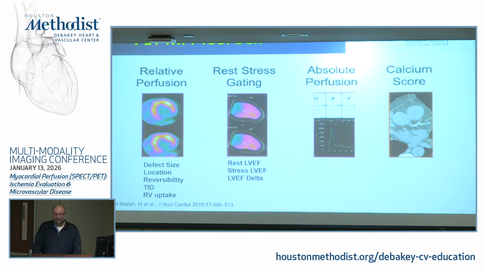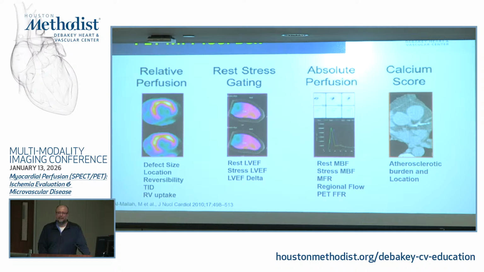You have also the rest EF, stress EF, and the delta ejection fraction. You have the perfusion defect where you can get a lot of other measures: rest blood flow, stress flow, MFR, corrected MFR, regional MFR, all of these. And then you have the calcium score. And we're adding even more information from the CT, like the fat and other information.